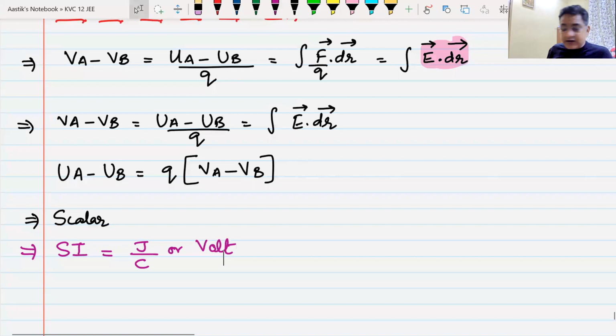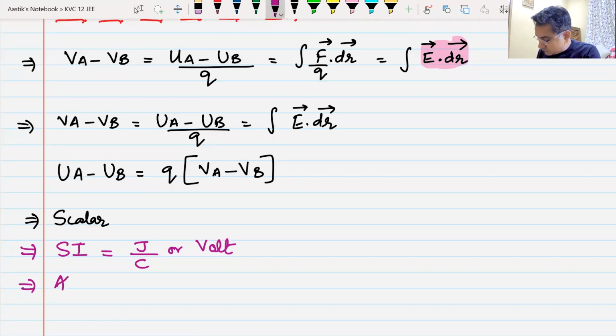The absolute value of electrostatic potential is not defined. Remember, to find out the absolute value of anything is not possible because everything is relative. And it holds very true for electrostatic potential. Absolute value of V or electrostatic potential is not defined. Then what is defined?